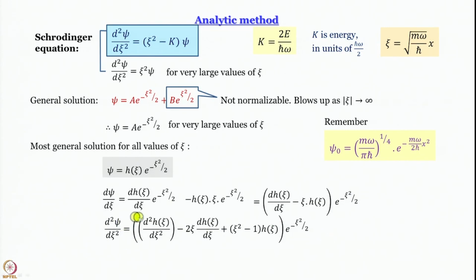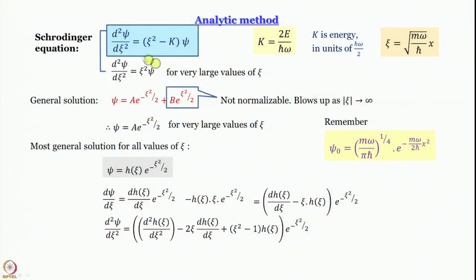So, we get d2 psi d xi 2 is equal to the Gaussian factor multiplied by d2 d xi 2 of h minus 2 xi multiplied by the first derivative of h with respect to xi plus xi square minus 1 multiplied by the function h of xi.